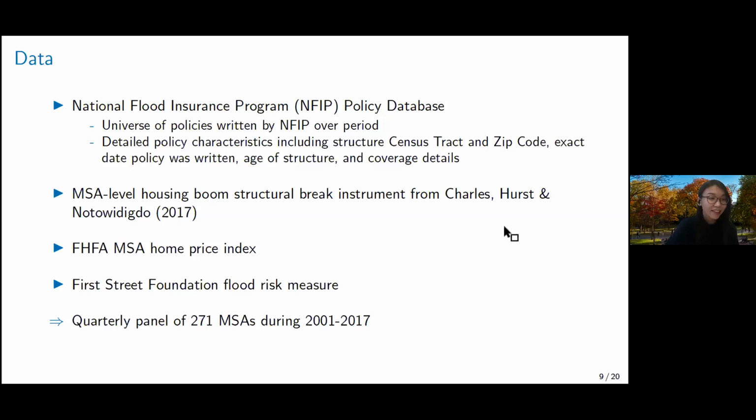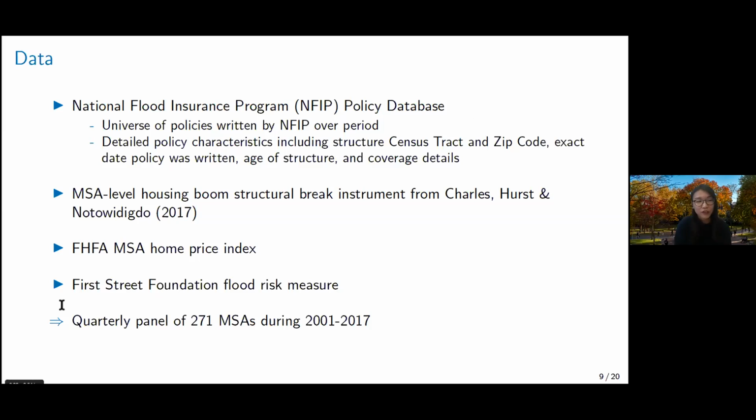We then take the MSA level housing boom structural break instrument from Charles Hurst and Notodikto for our housing boom instruments. And we use the FHFA MSA home price index. And the last major data source that we use is the flood risk measure from First Street.